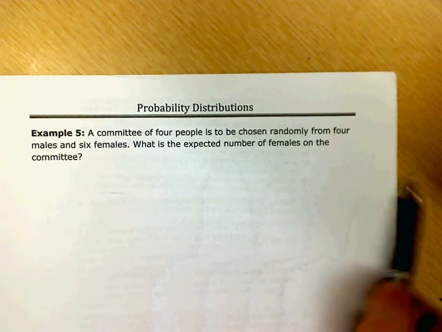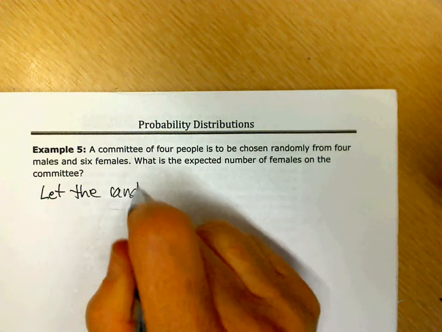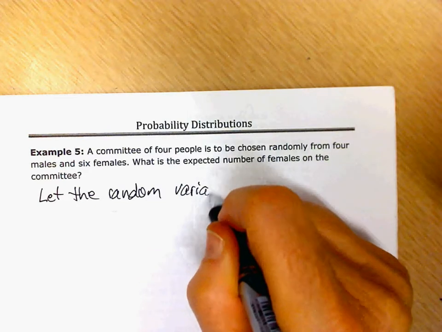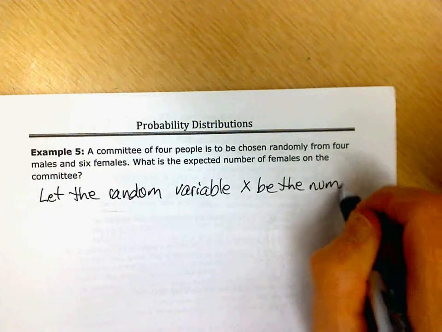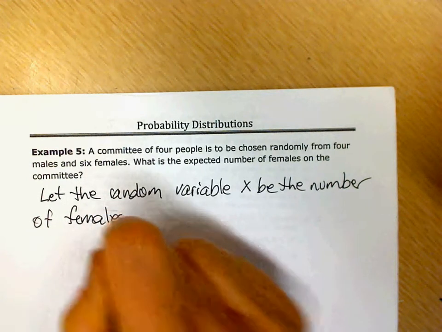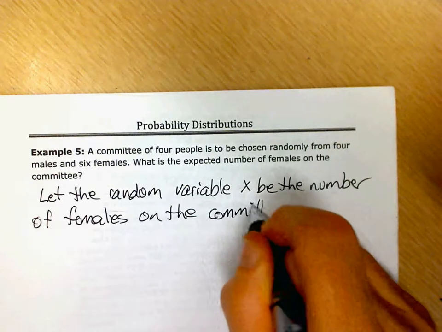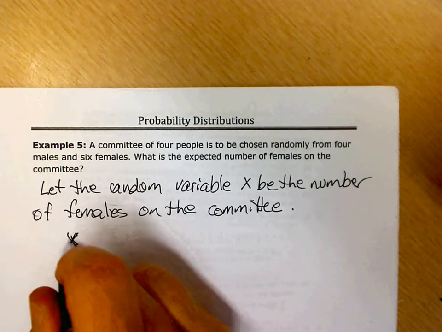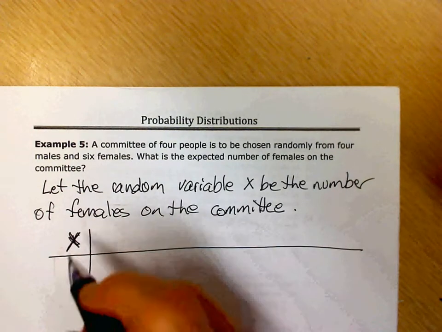So let the random variable x be the number of females on the committee. So there's our x. Well, what values can x take on? 0 to 4, right?